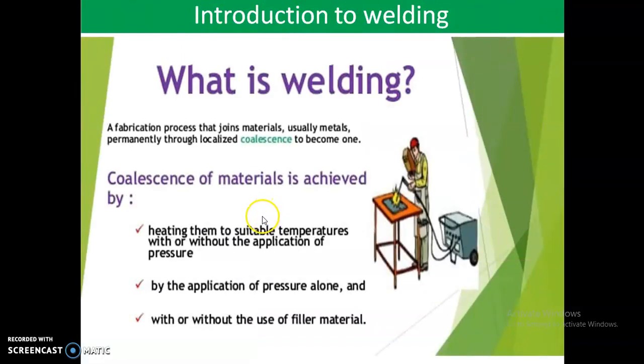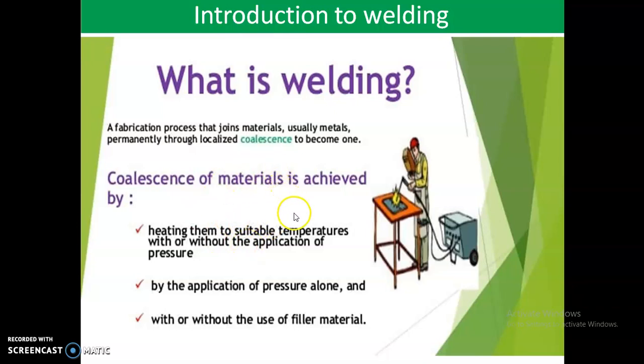The coalescence of materials is achieved by heating them to a suitable temperature, with or without application of pressure, or by the application of pressure alone, with or without use of filler material. We can join two metals into a single piece. That is about welding. I hope you understand the definition of welding.